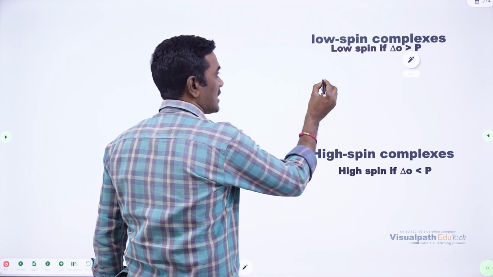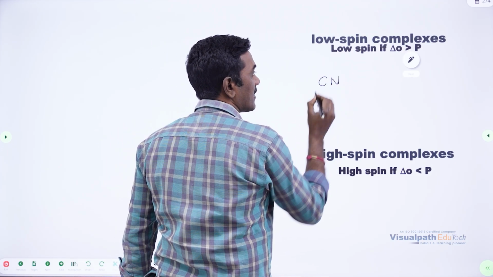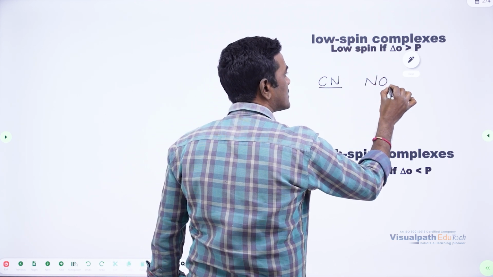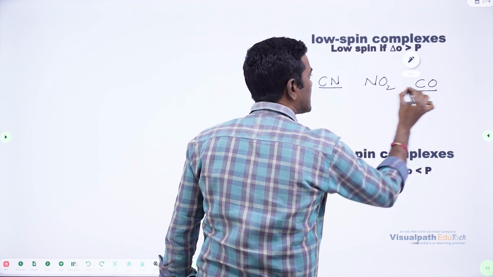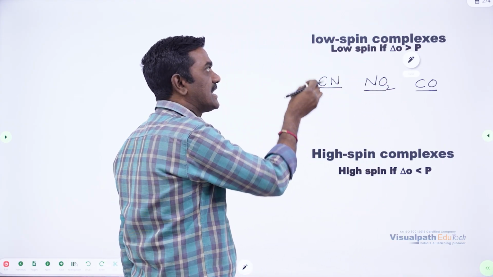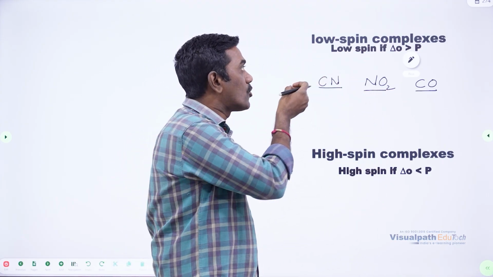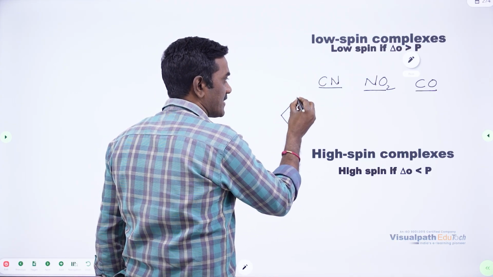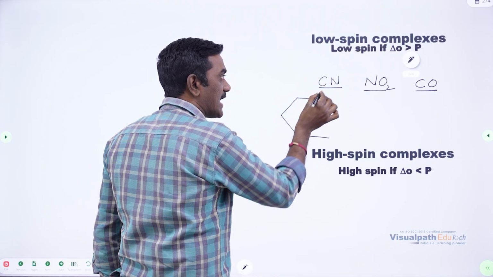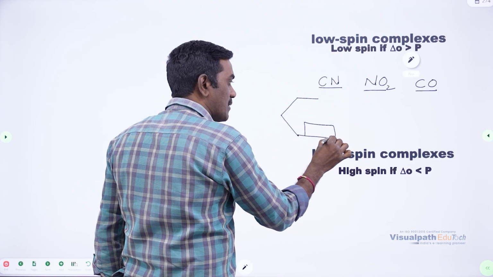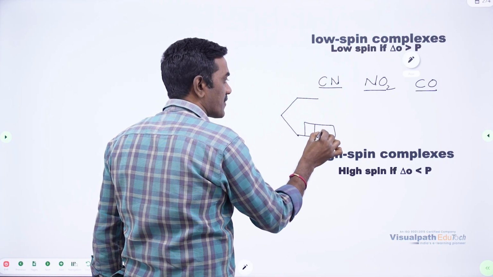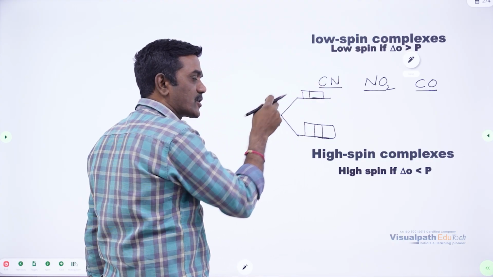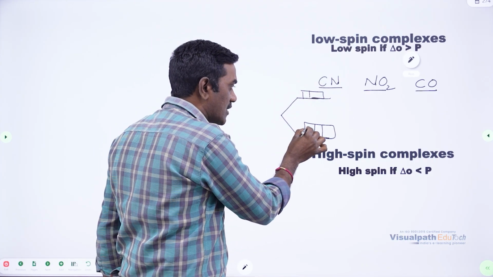For example, if you are considering CN, NO2 or CO, these ligands will form low spin complexes. What is the meaning of low spin? The splitting will happen, and the electrons will be filled first in the lower level. I am talking with respect to an octahedral complex.